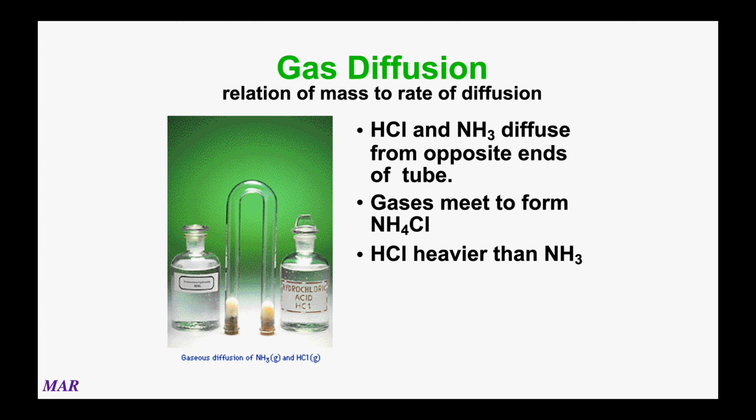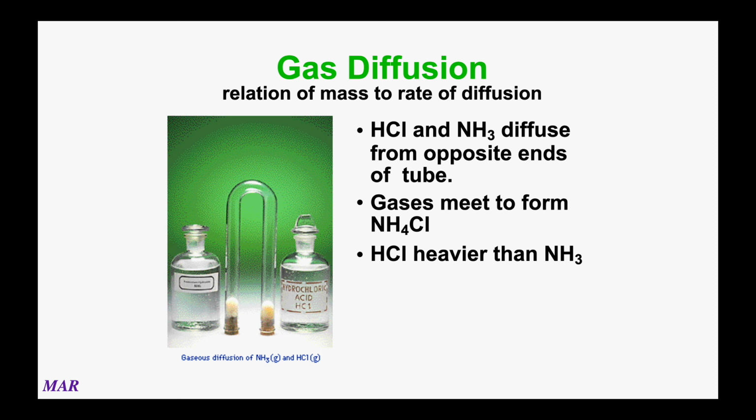So comparing those two, HCl is a heavier gas and ammonia is a lighter gas. Lighter gases move faster than heavy gases. So we would expect the ammonia to get to the halfway point faster than HCl. HCl is bigger. It takes more energy to get up to the top.